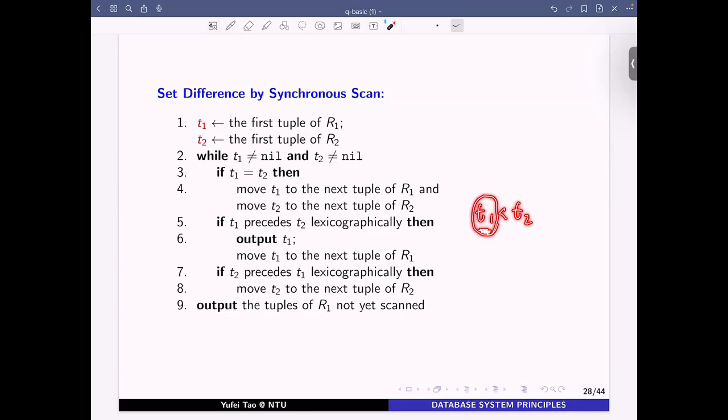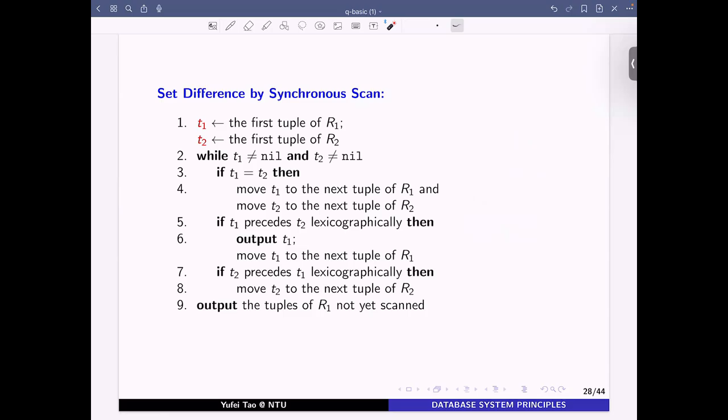You should also try to convince yourself that T1 cannot be in the part that is already scanned from R2. I'm not going to go into this; you can review the video to figure this out. It should be fairly easy to prove. So in this case, we output T1 because we're sure that T1 is not present in relation R2. And we advance this T1.